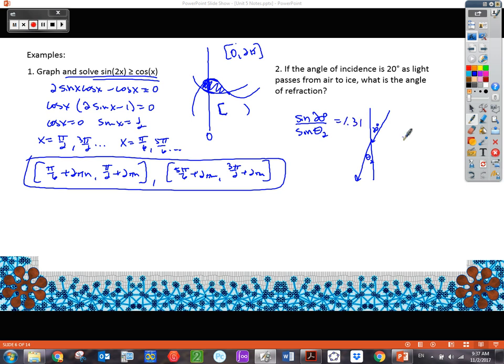1.31. And so our job in this particular problem is to simply solve for theta 2, our angle of refraction. That's all. So we just use our regular old trig solving techniques where I'm going to cross multiply and isolate. So I get sine of theta 2 equals sine of 20 degrees over 1.31.